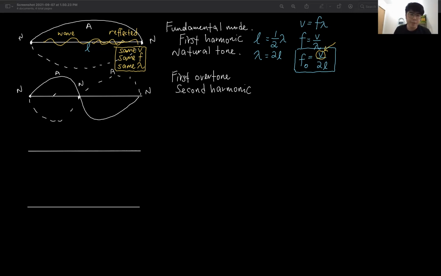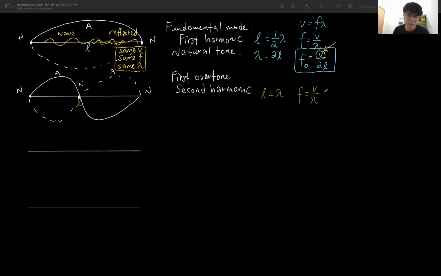Okay, now given the length L, we know that L equals to this. How many waves can be fitted in this length of wire? This is one complete wave. So L equals to lambda. Frequency equals to V over lambda.